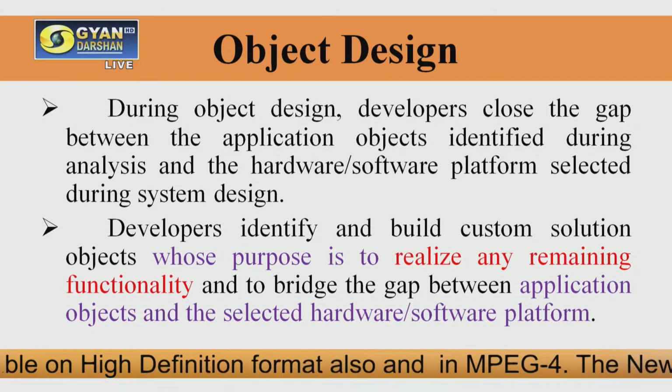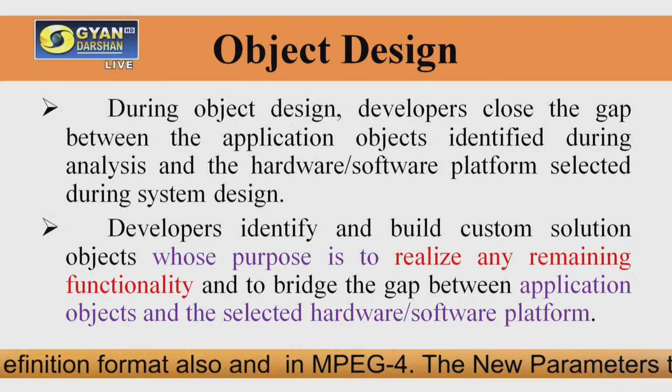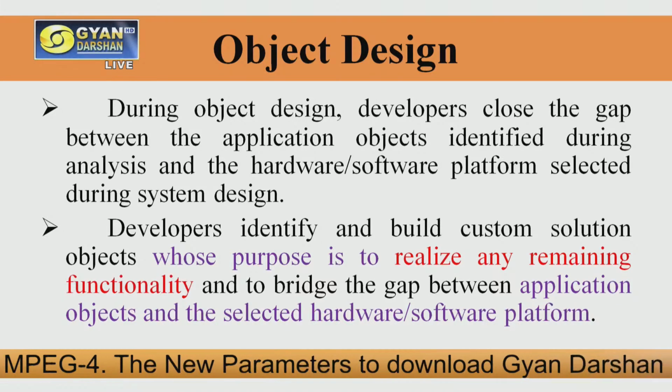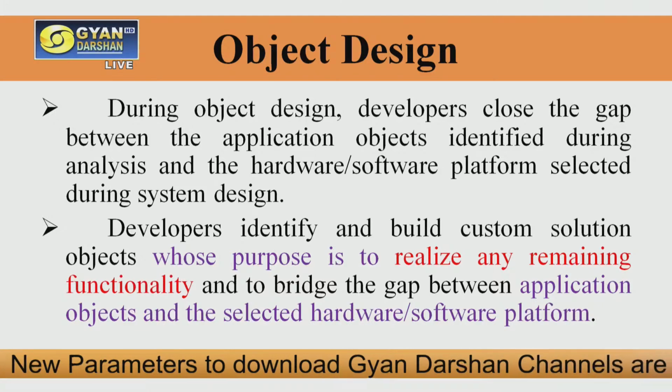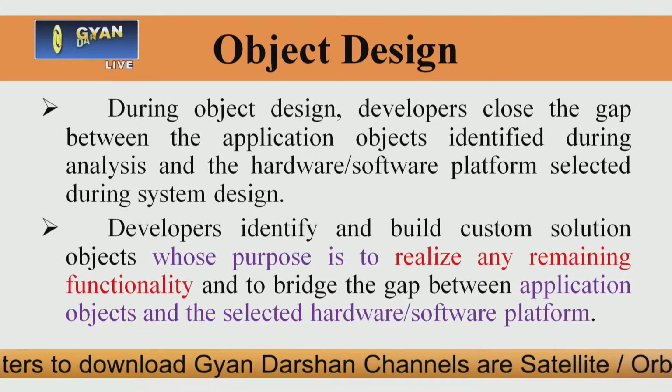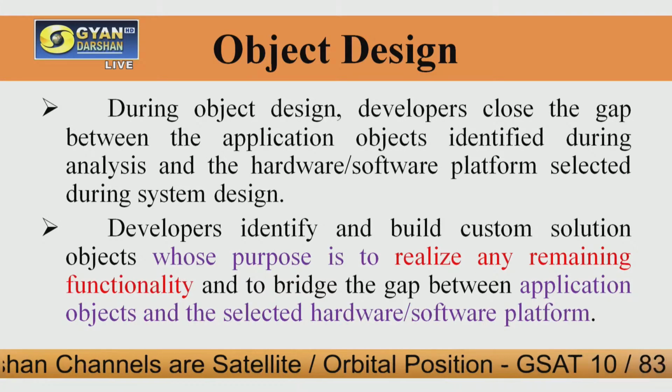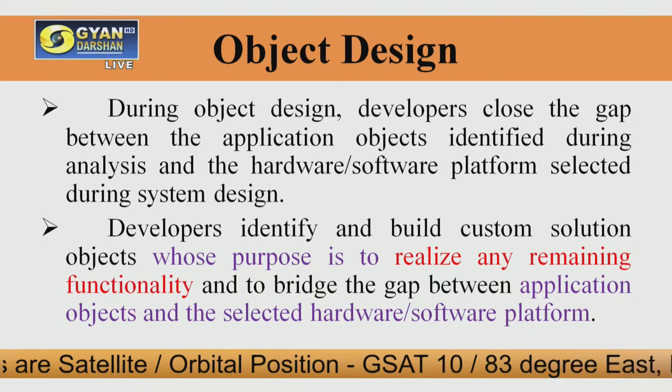As developers we try to identify and build custom objects. The purpose of those custom objects is to realize any remaining functionality and bridge the gap between the application objects and the selected software and platform.